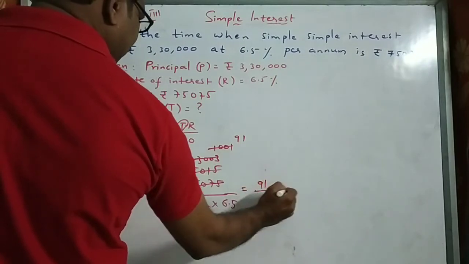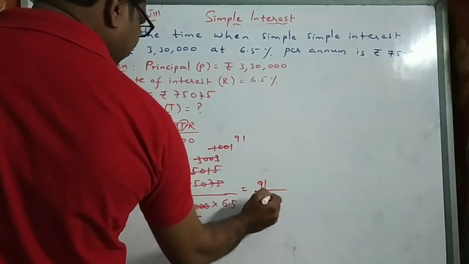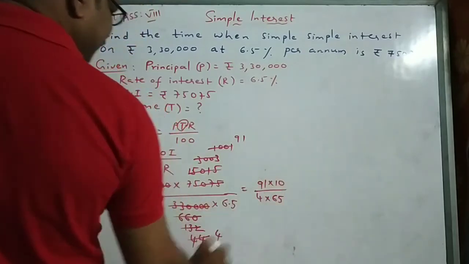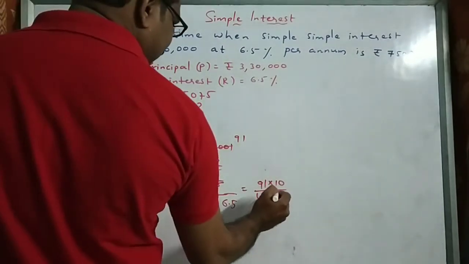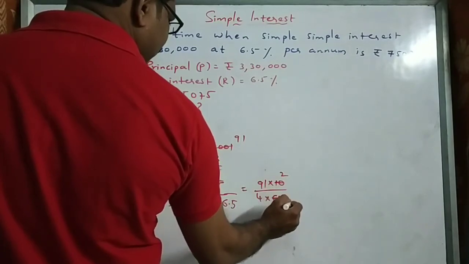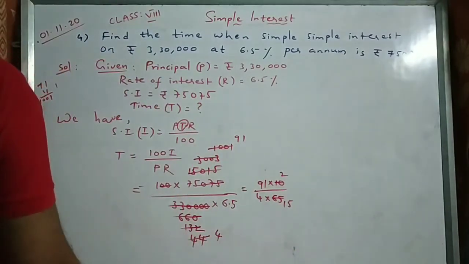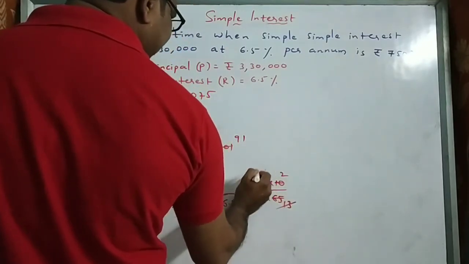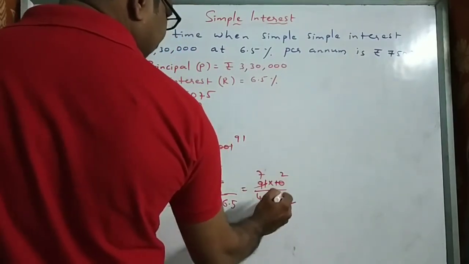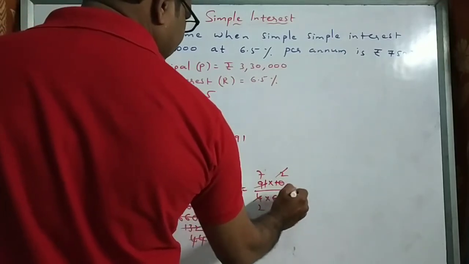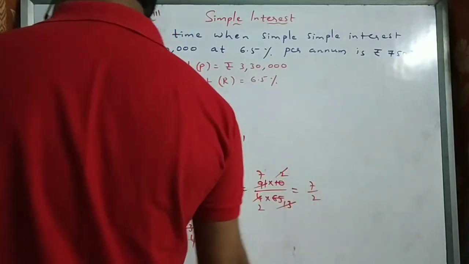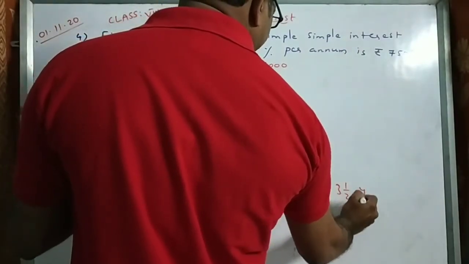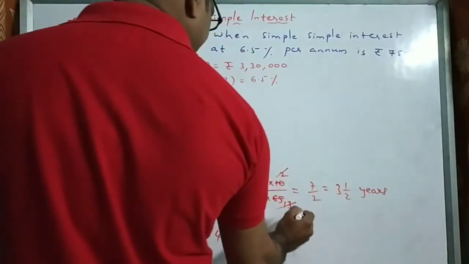Now what is remaining here? 91 upon 4 into 6.5, which can be written as 65 by 10. I will shift 10 into the numerator. 5 twos, 5 ones, 5 threes, 13 sevens, 91, right? 2 ones, 2 twos. 7 by 2 means 3.5 years.